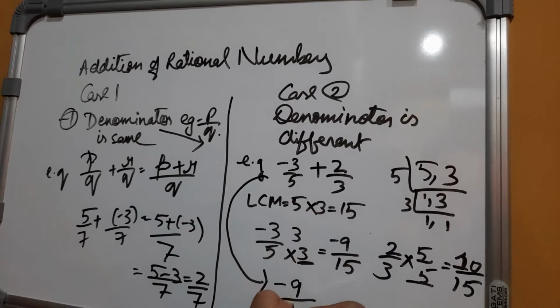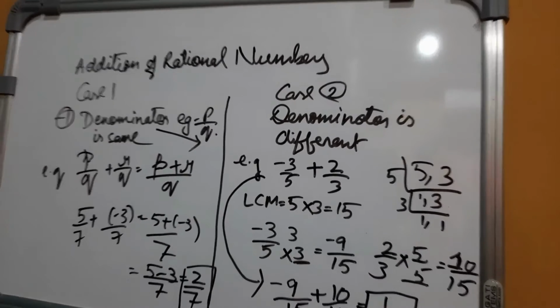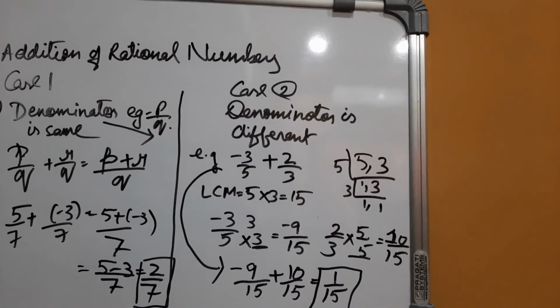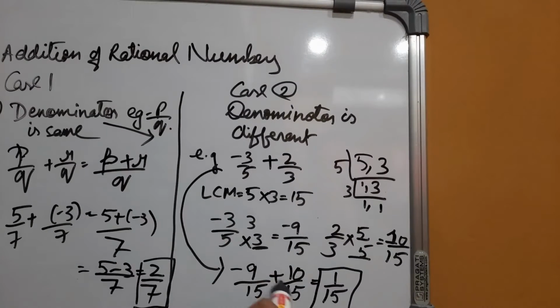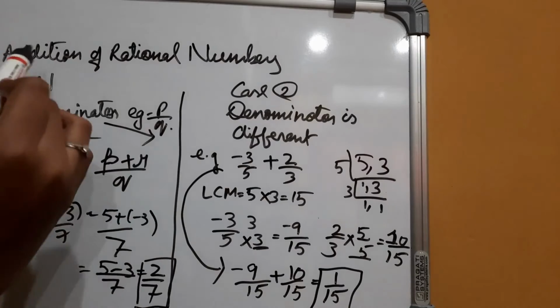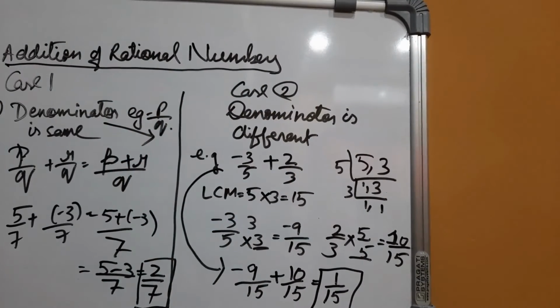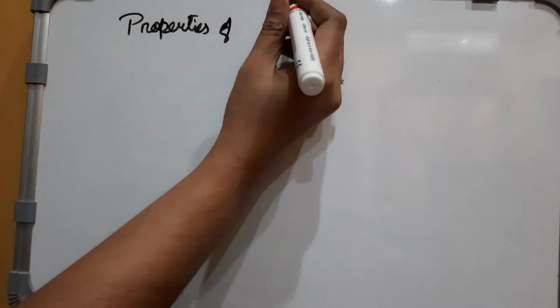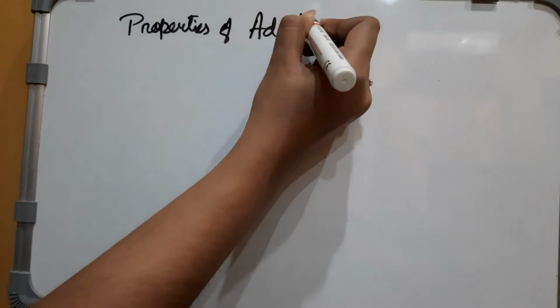Minus 3 by 5 becomes minus 9 by 15, 2 by 3 becomes 10 by 15, and hence the result is 1 by 15. So the next topic we are going to cover is properties of addition of rational numbers.